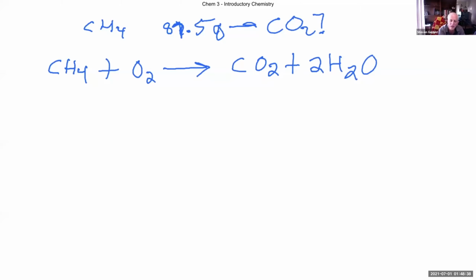And how do we balance the oxygen? We have 4 on the right side, and we have 2 on the left, so we put 2 in front of the O2 on the left side. Now we have it balanced.